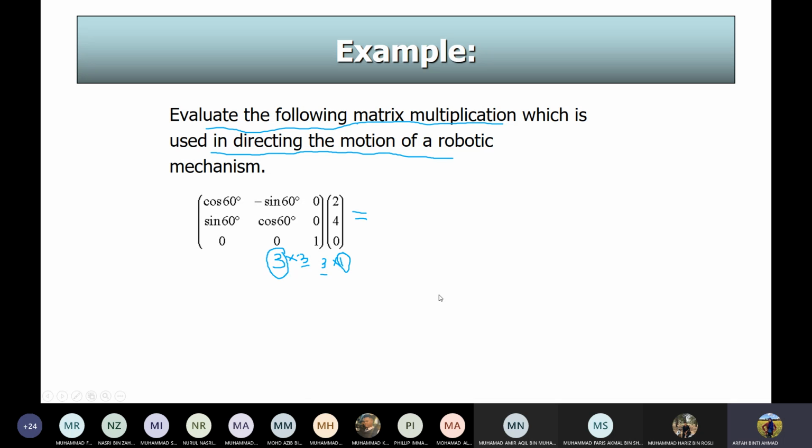So the others can take cos 60 multiplied by 2, negative sin 60 multiplied by 4, 0 times 0. So you get the first element.